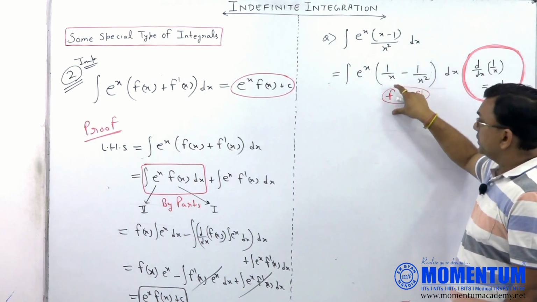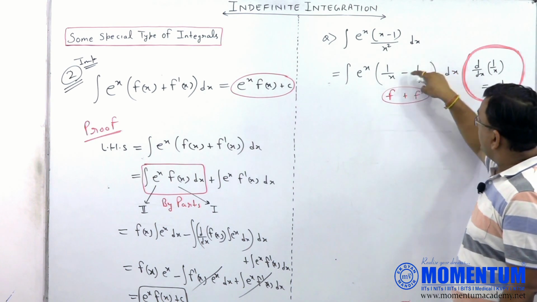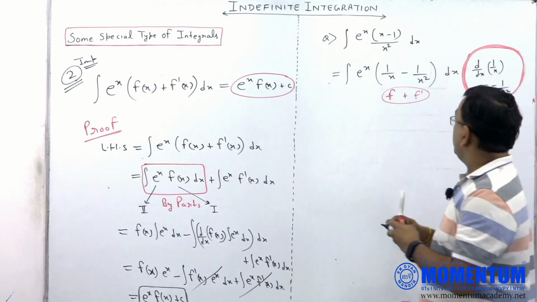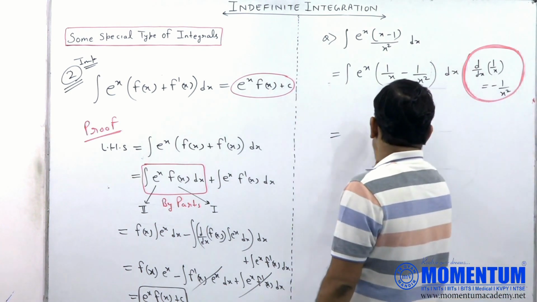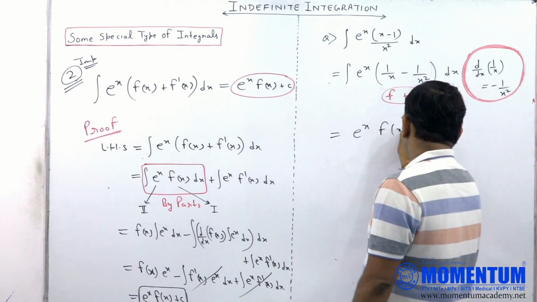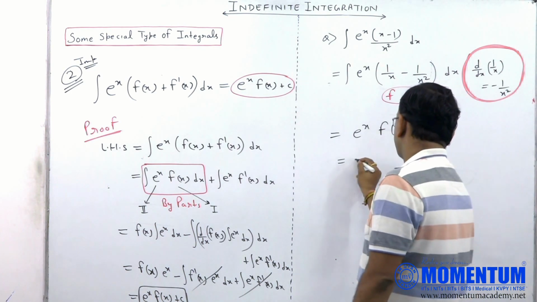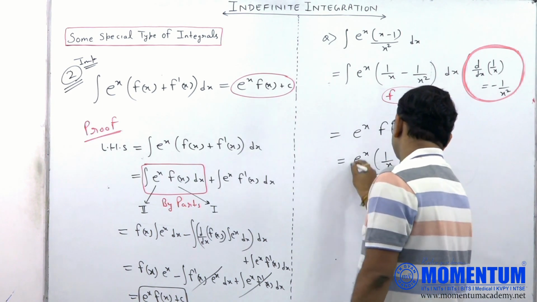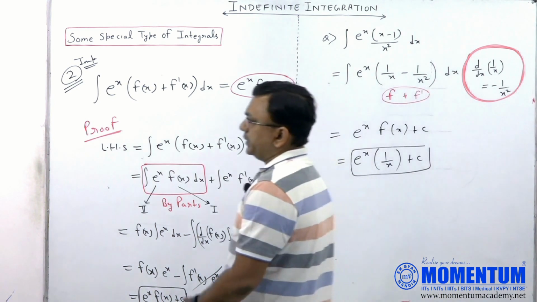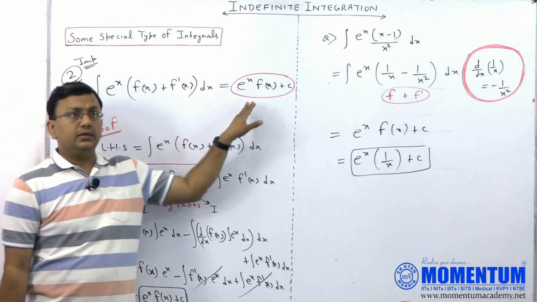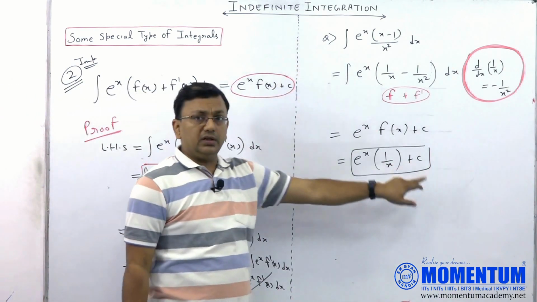If the first term is function, then the second term with minus sign is clearly f dash. So the integral has the form e to the power x times function plus derivative. So the answer is e to the power x f of x plus c. That means e to the power x into 1 by x plus c. Are you getting me? Directly using the result of special integral, we are able to solve the problem.